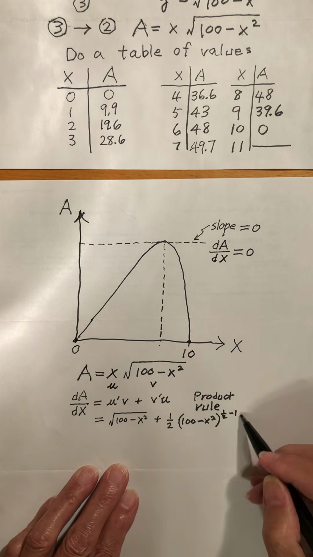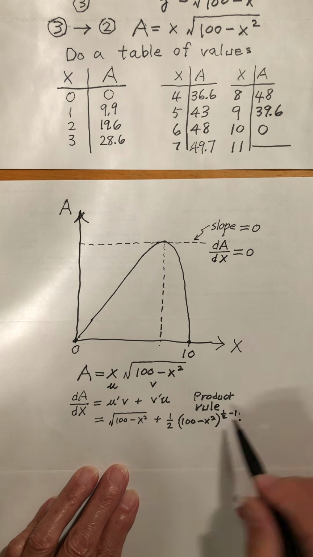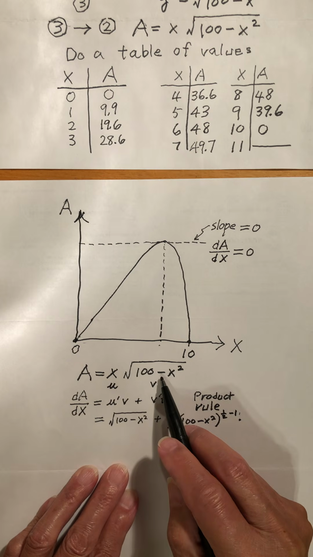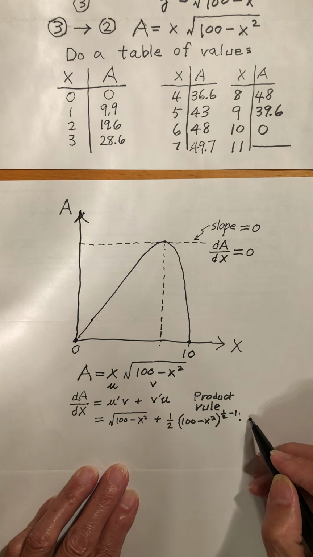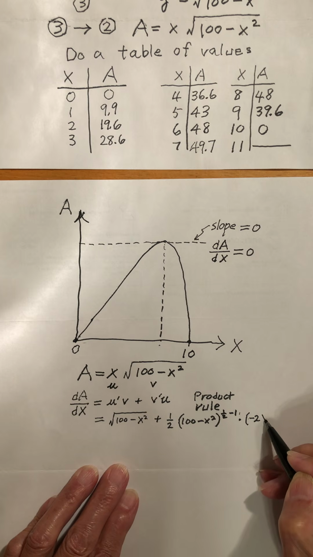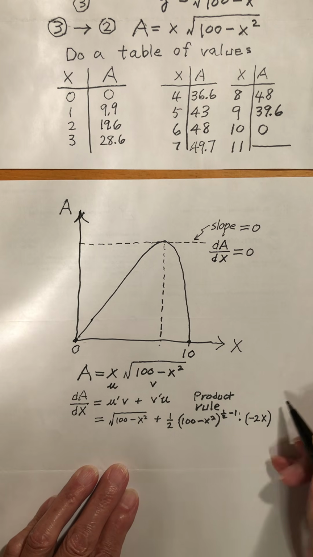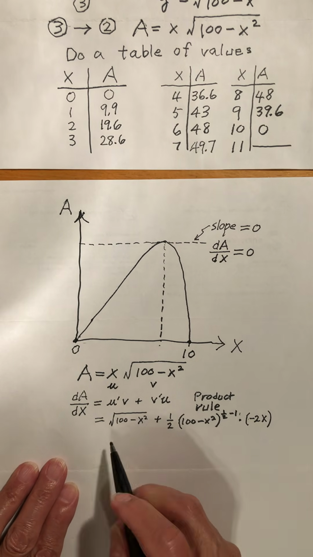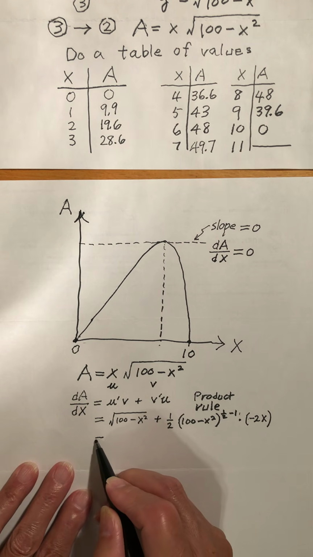And then multiply the chain rule. Chain rule is the derivative of inside, which is negative 2x. Okay, this is my derivative.